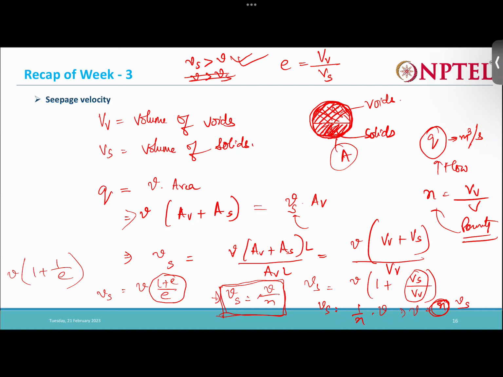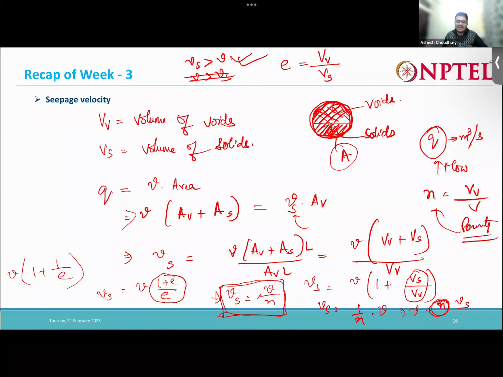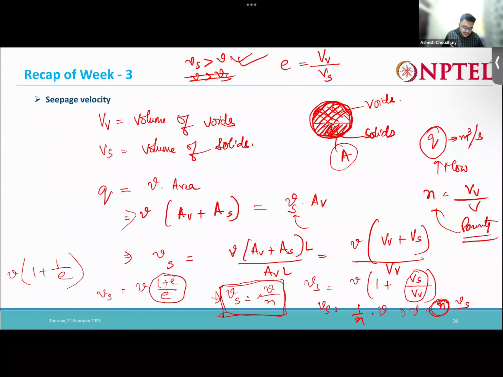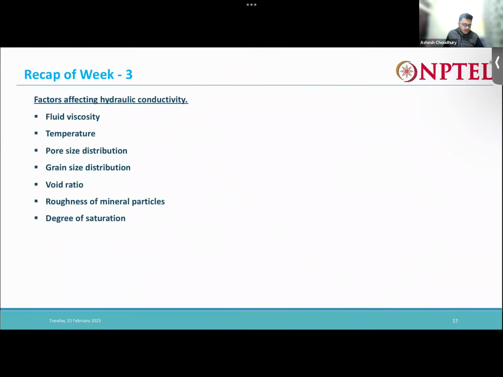Is it clear? n is always less than 1, so V is always lesser than Vs. So the superficial velocity is always higher than the seepage velocity. This is a very conceptual thing. I hope this is clear.